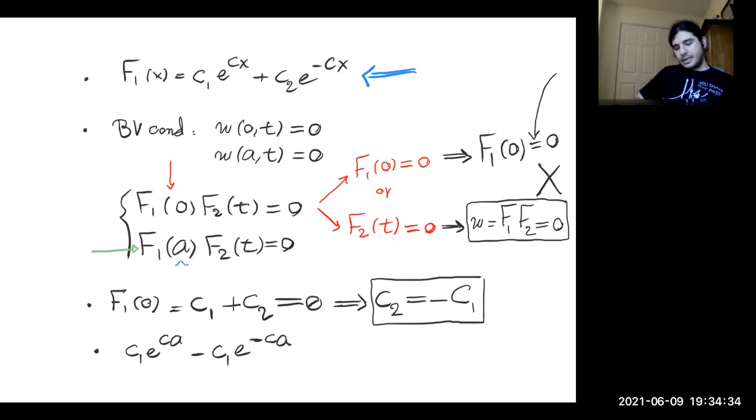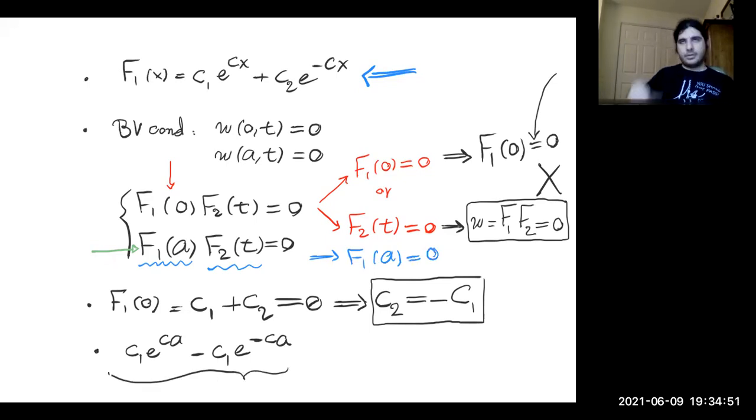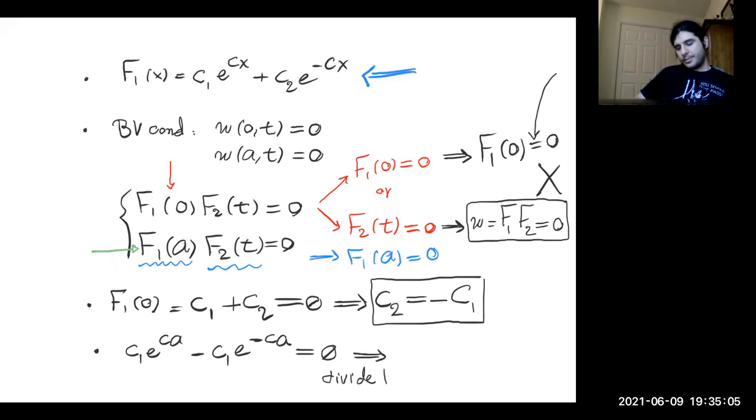Just like the previous case, either this one should be 0 or the other one, but because we don't want f2 to be 0, because if that's 0, w is 0, this also implies that f1 of a is equal to 0. Therefore, this thing we have here, which is f1 of a, I just plugged a into the definition of f1, this should be 0. Now we can divide everything by c1. So e to the ca minus e to the minus ca is equal to 0.